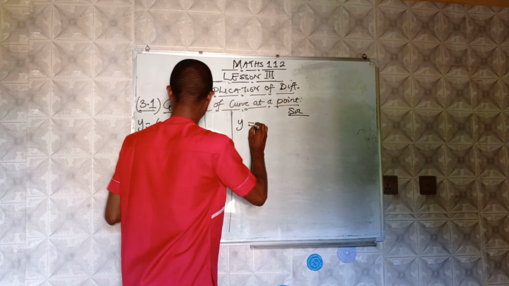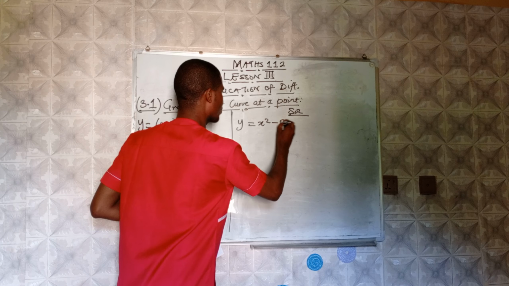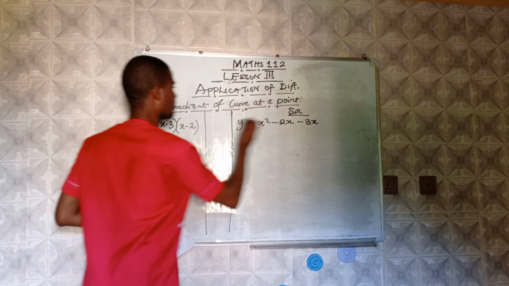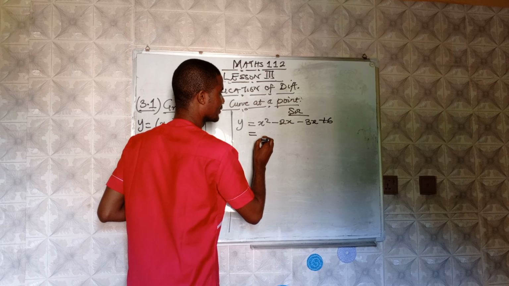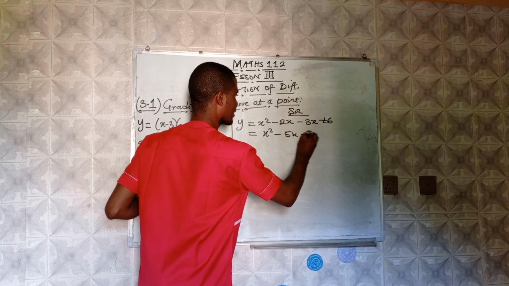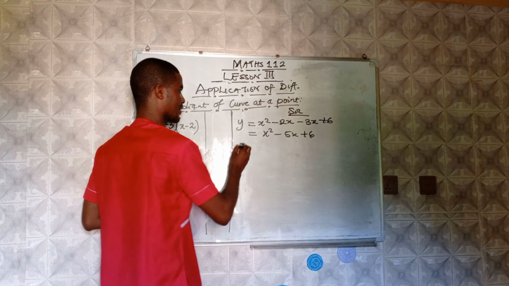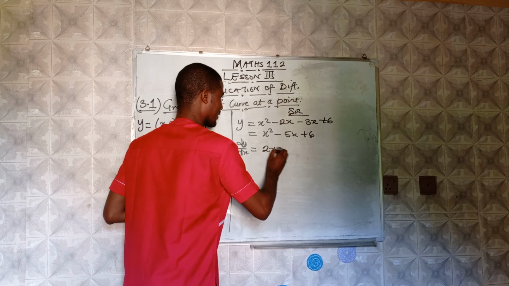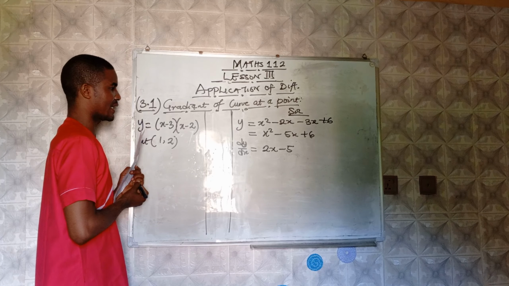This question becomes x squared minus 2x minus 3x plus 6, so that I have x squared minus 5x plus 6. Now, seeing this question as this, I will have my dy/dx as 2x minus 5. That becomes my dy/dx.